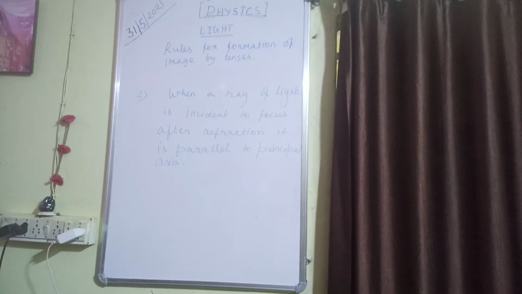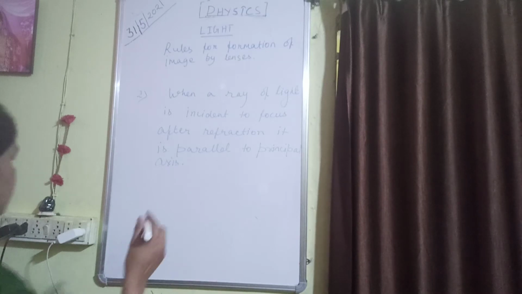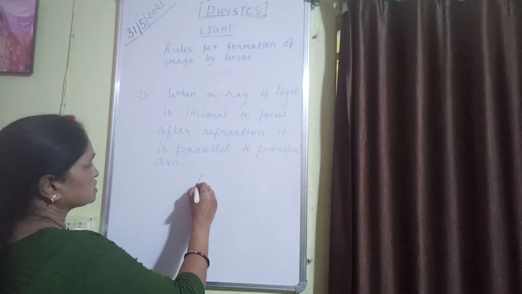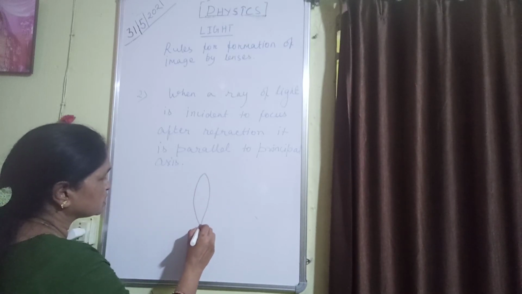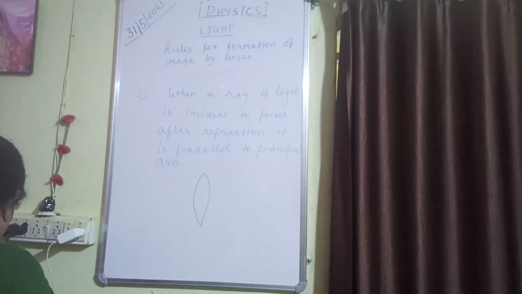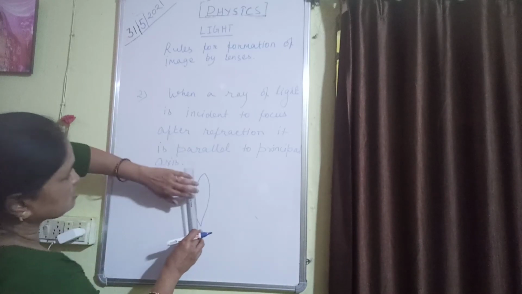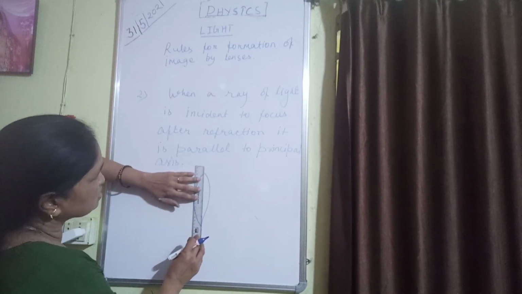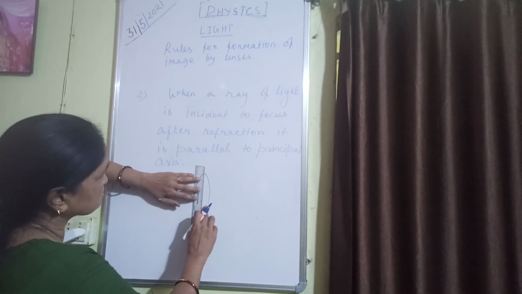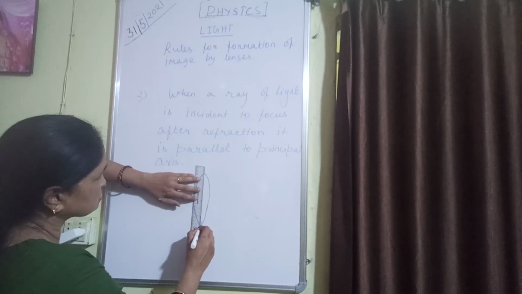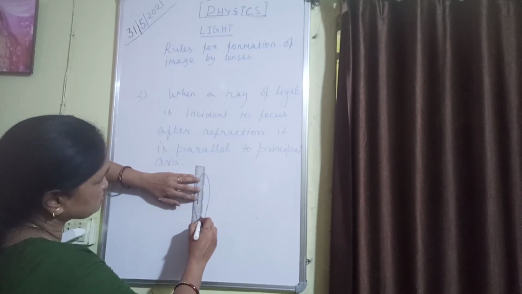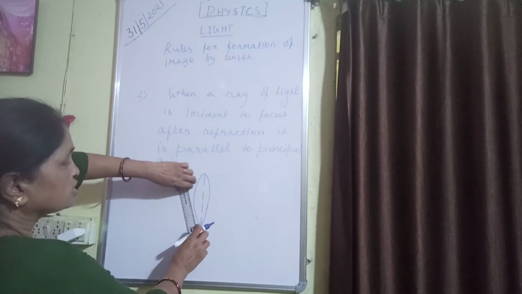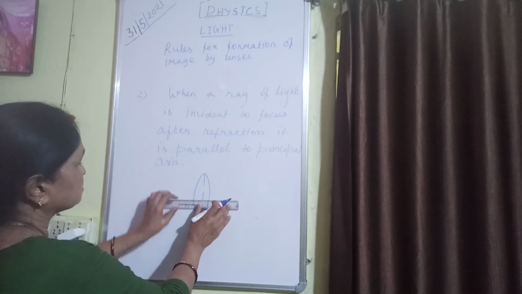Students, how will you draw this again? Draw the lens, same thing. We have drawn the lens. Join the two extreme points. Draw the principal axis.